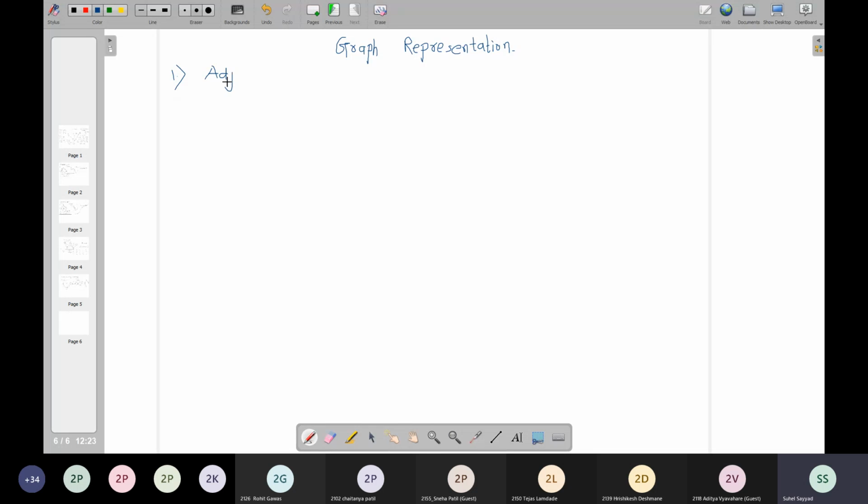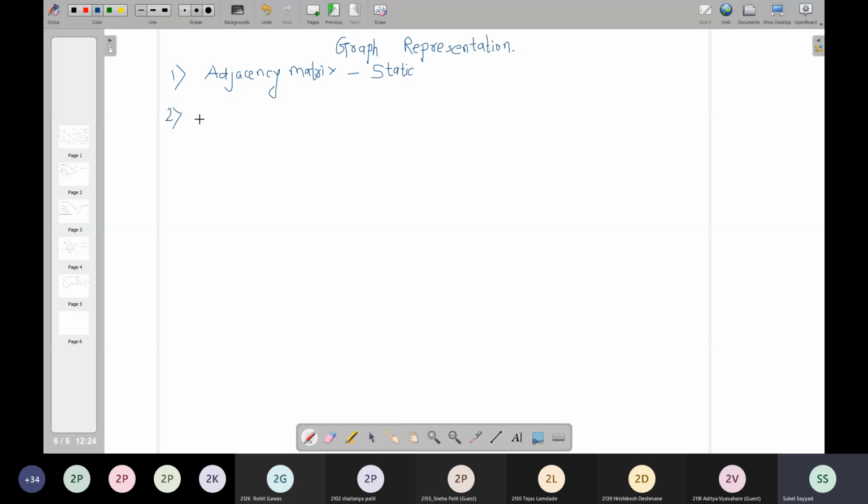For static, we call that representation adjacency matrix. This is basically the static representation of your graph.